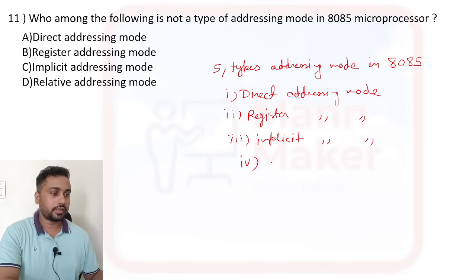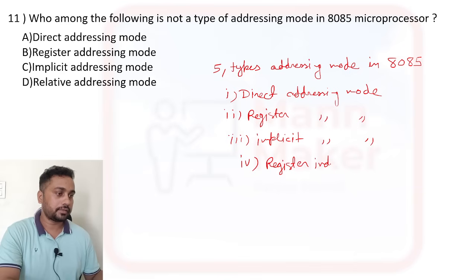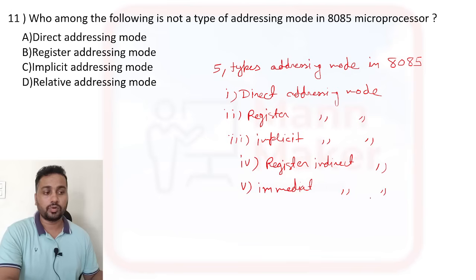Fourth is the register indirect addressing mode, and the last one is the immediate addressing mode. So direct, register, implicit, register indirect, and immediate addressing modes: these are the 5 types of addressing mode in 8085. So relative addressing mode is not there.